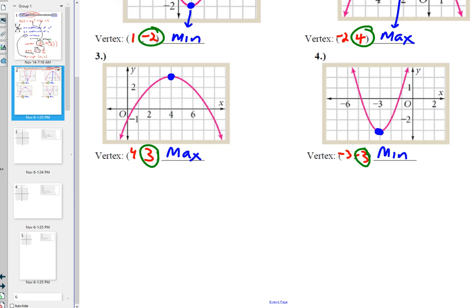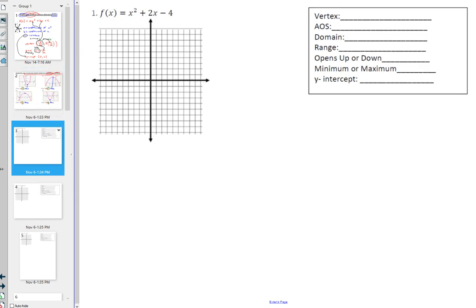So now we get into the nitty gritty, and this is basically what we'll do for the rest of today and for tomorrow. Let's get to the graph. Now, to be perfectly honest, what I care more about than the graph is this.